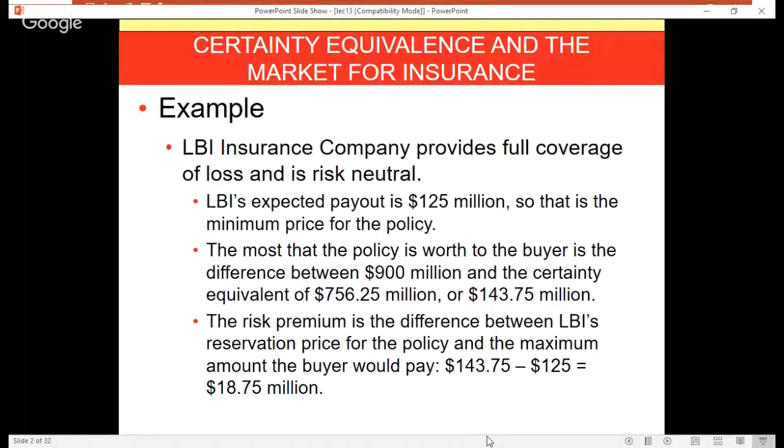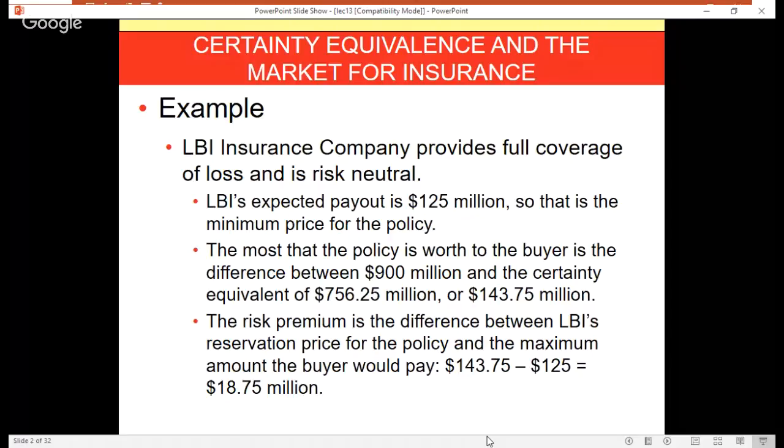Suppose there's an insurance company that'll insure that bond. Call it LBI. This is what AIG used to do before they went bankrupt in the 2007 crisis. So the expected payoff for LBI is 900 million minus 775 million, or 125 million.